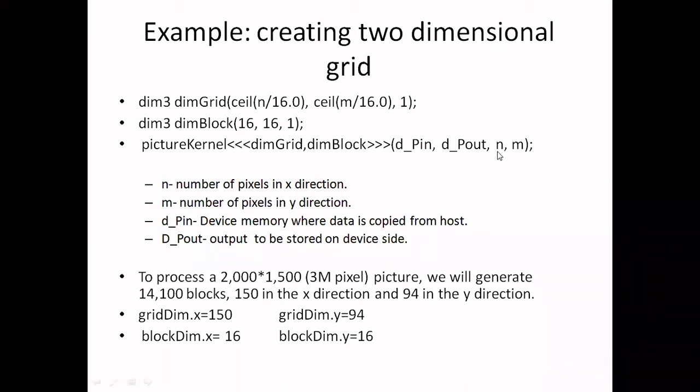I am also having N and M. I want to specify the number of pixels in my image. I am specifying the number of pixels in the X direction in N and the number of pixels in the Y direction in M. So if I have an image of 2000 by 1500, what will happen? Definitely we will have blockDim.x as 16 and blockDim.y as 16.